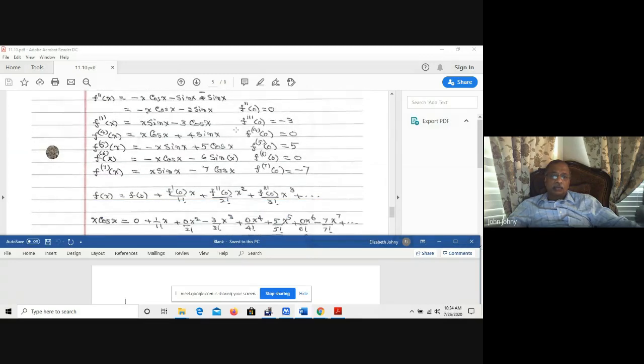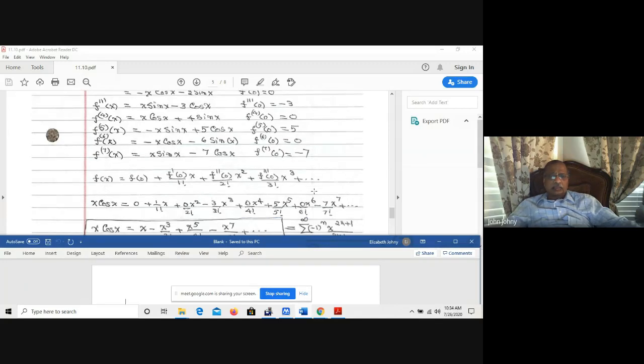So 1 over 1 factorial times x. Next term is 0. Next term is negative 3. Here it is, negative 3 over 3 factorial x cubed. Next term is 0, plus 5 over 5 factorial times x to the 5. Next term is 0. Minus 7 over 7 factorial times x to the 7, etc.